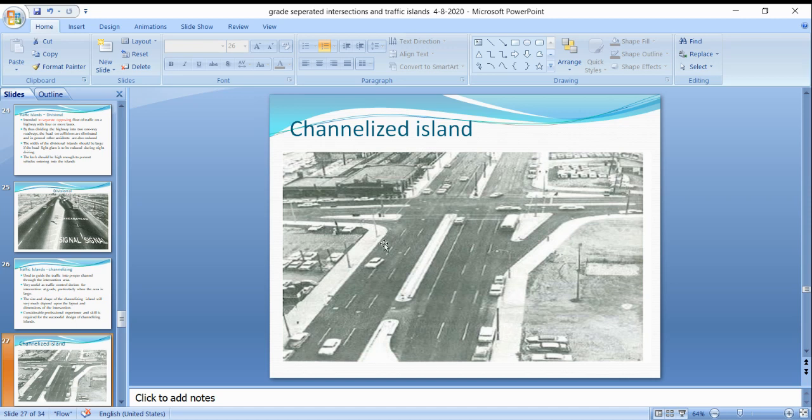It has some arc for easy movement of the vehicle, and an island is also there. At every junction we can see a separate divider or island in between the two roads. We can observe it here at the right side and the left side, and also in the straight direction.